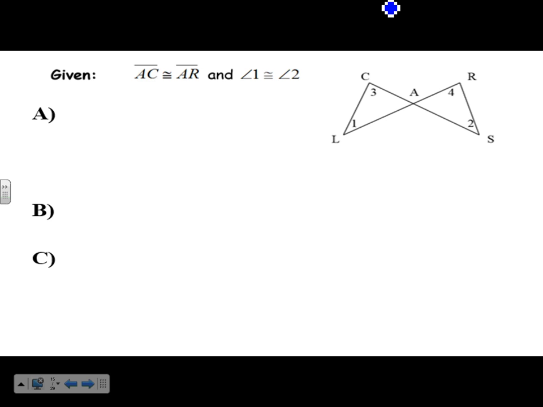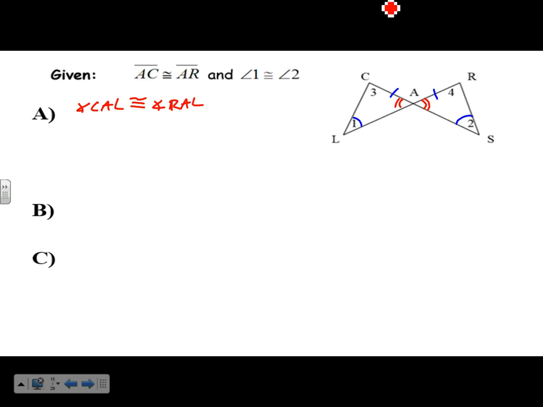So they say AC is congruent to AR, and angle 1 and angle 2 are congruent to each other. So step A is saying, okay, we need to know that this angle and this angle are congruent because they're vertical angles, which make them double arcs. There you use single arcs. So that means angle CAL is congruent to angle RAS.